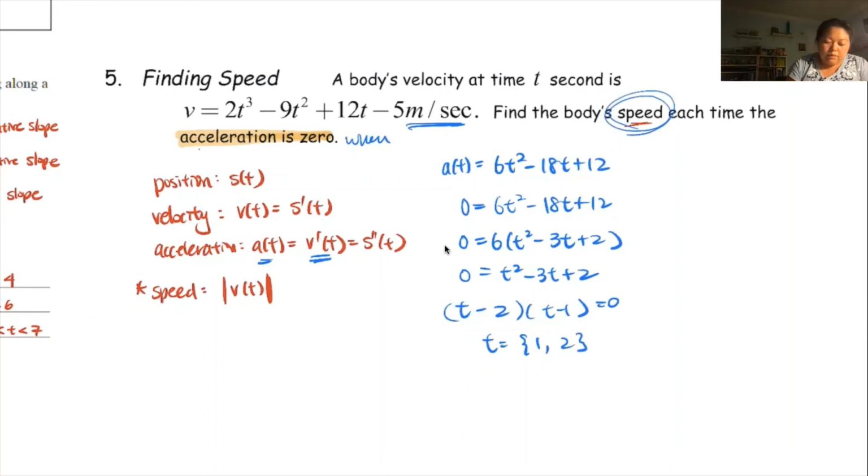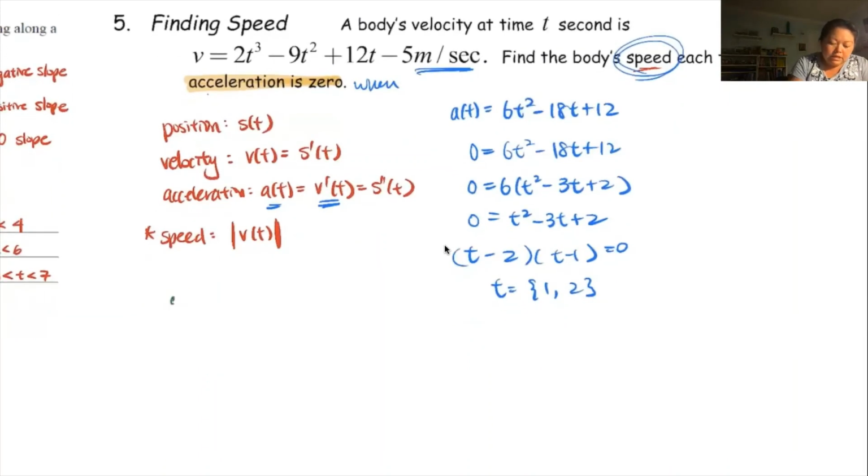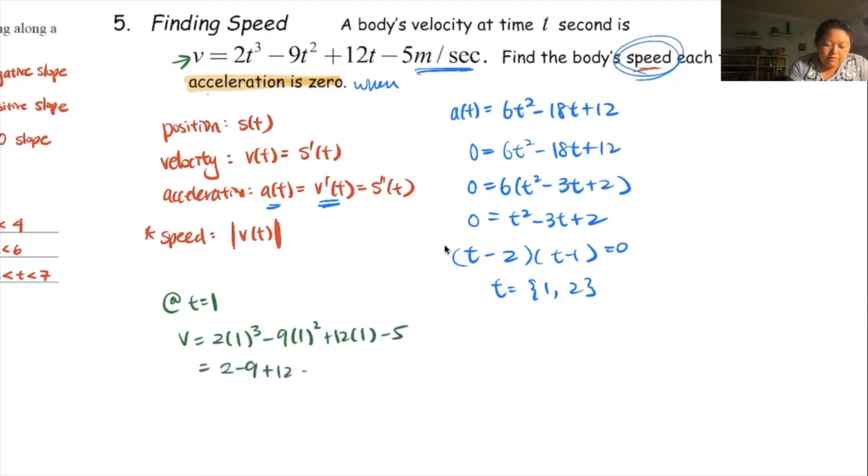So you want to say, well, at t equals 1, your velocity is 2 times 1 cubed, plugging it back into velocity, because the velocity gives speed, right? So plug that in, you get minus 9 times 1 squared plus 12 times 1 minus 5. So that's 2 minus 9 plus 12 minus 5. That gives me negative 7 plus 12, that's 5, minus 5.